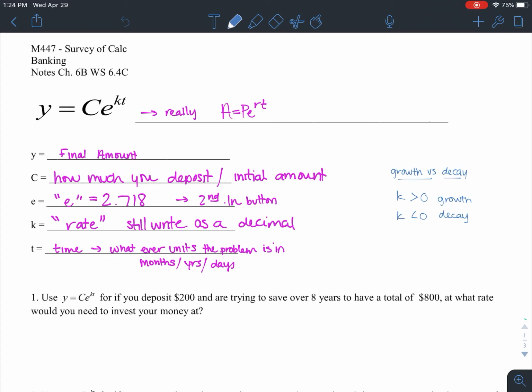So really with this, you can use the variables of a PERT. It really is the same thing. It's just we're often finding our rate, our k, and it talks about growth versus decay.